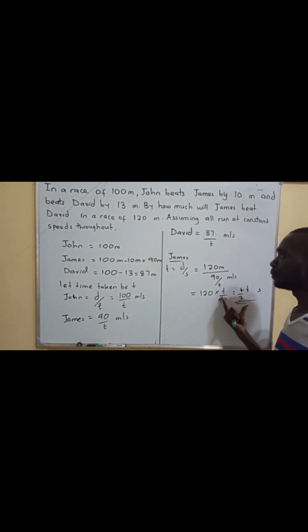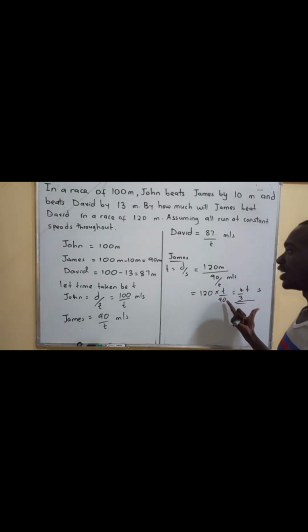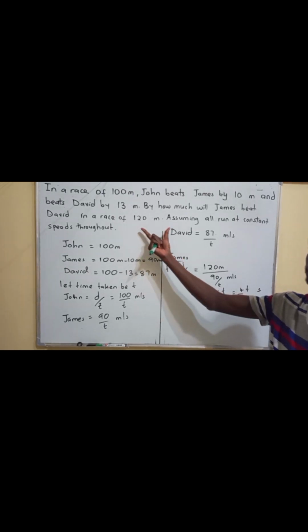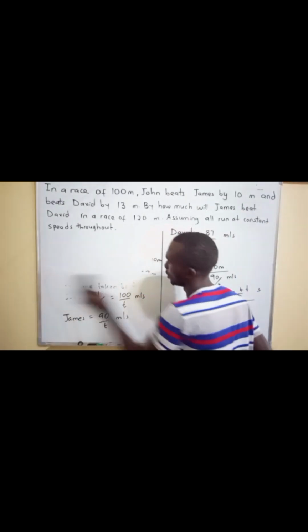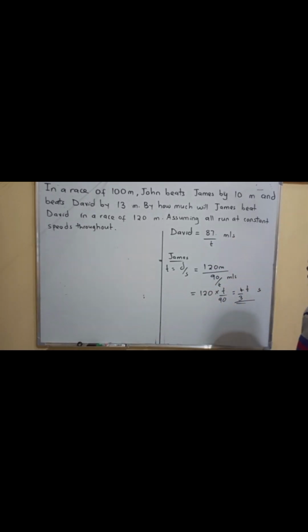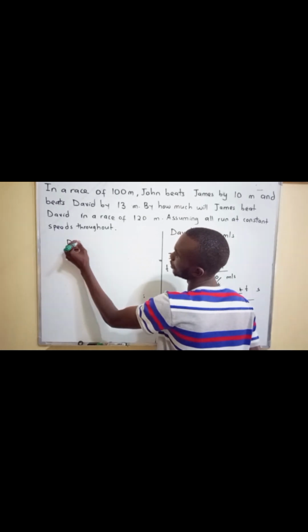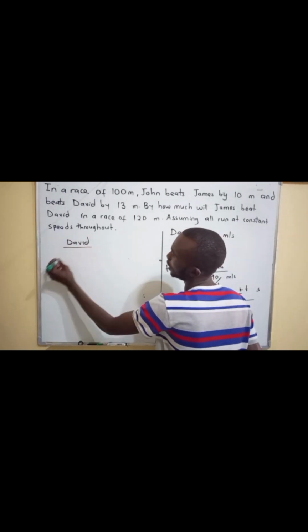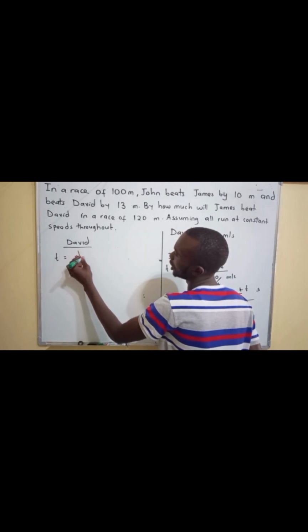Now, using this time taken by James, we're going to see how much distance would have been traveled by David in the given time in a race of 120 meters. Now, for David, the time is equivalent to distance over speed.